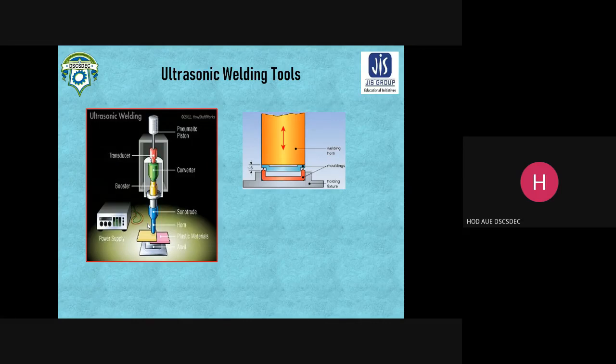Now when these ultrasonic vibrations are switched off, suppose after some time we switch them off, what will happen? The welding pressure would be maintained. That means the horn and the workpiece surfaces are in contact, and there is some amount of pressure applied to the surfaces.